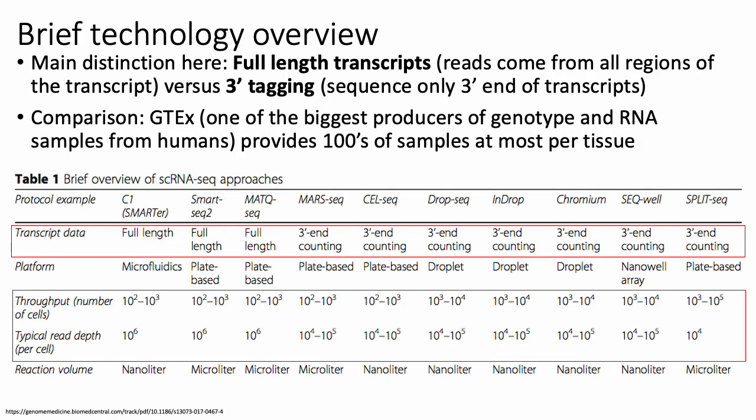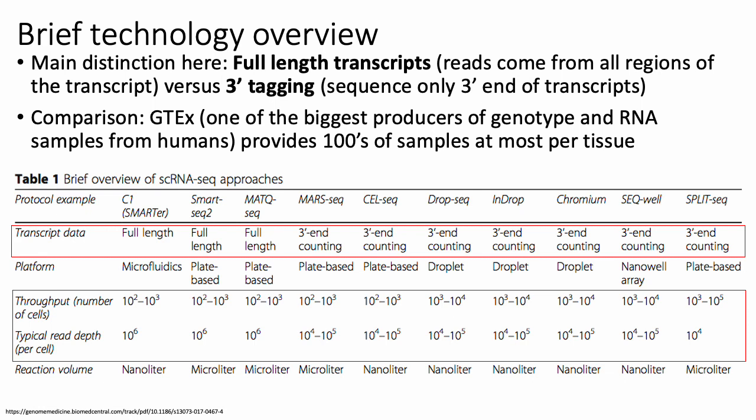So this slide gives a pretty incomplete overview of different single-cell RNA-seq based technologies. The main distinction between the ones listed here, anyways, is whether or not the particular technology sequences full-length transcripts or only does 3' tagging.